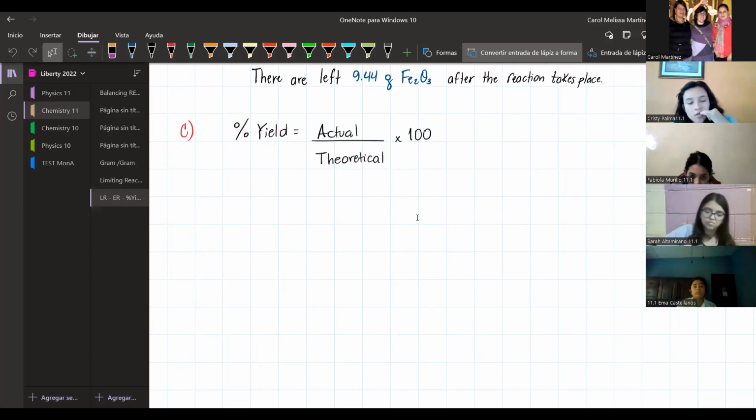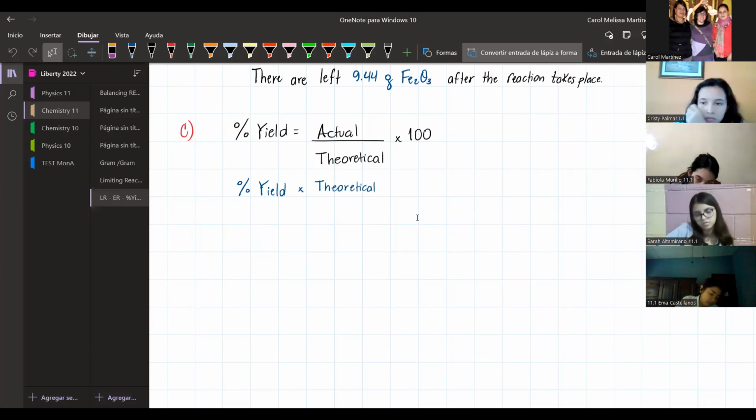The isolation is going to be percent yield multiplying the theoretical yield and dividing by 100. This is equal to the actual yield.